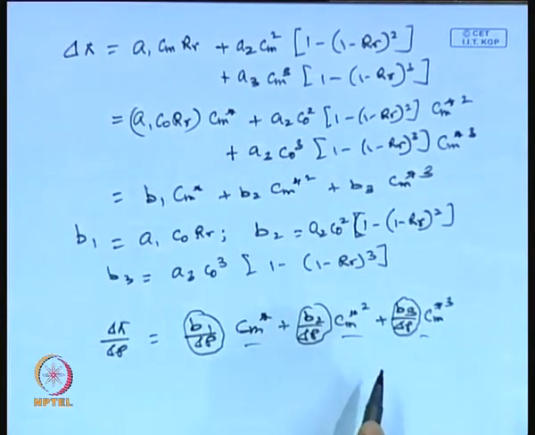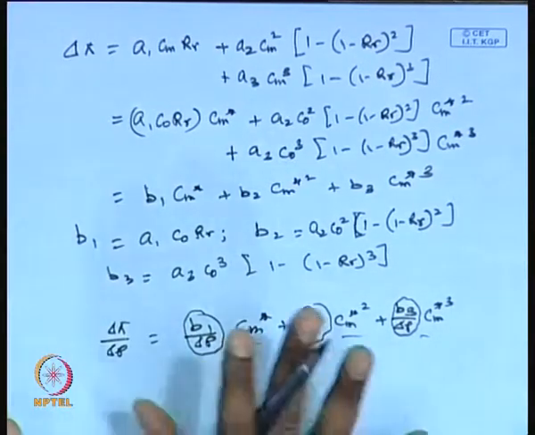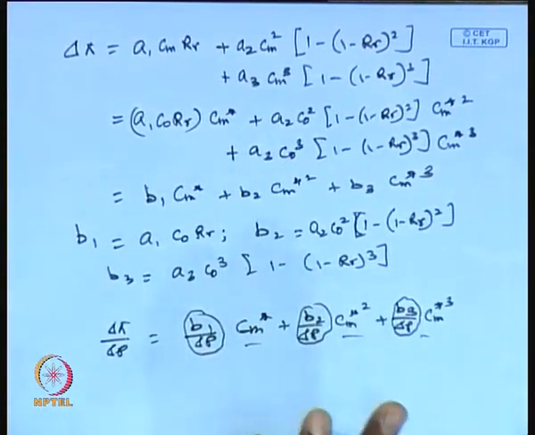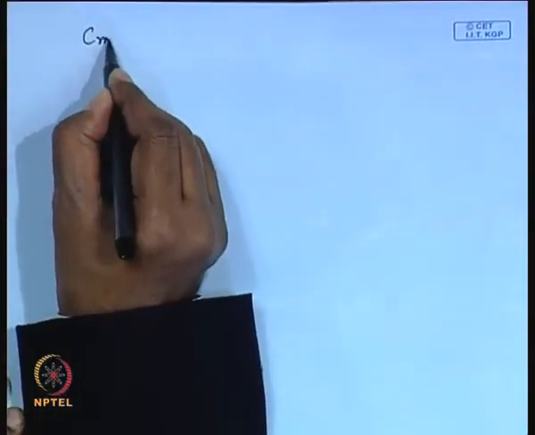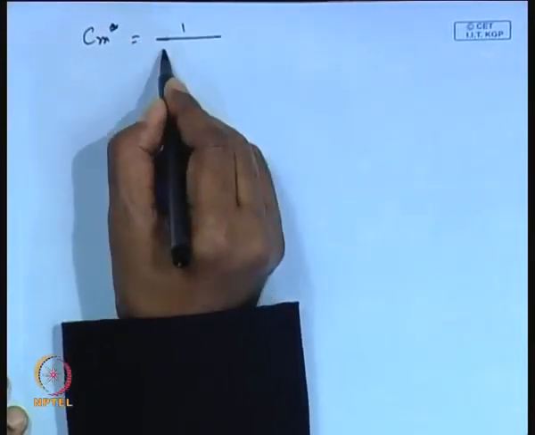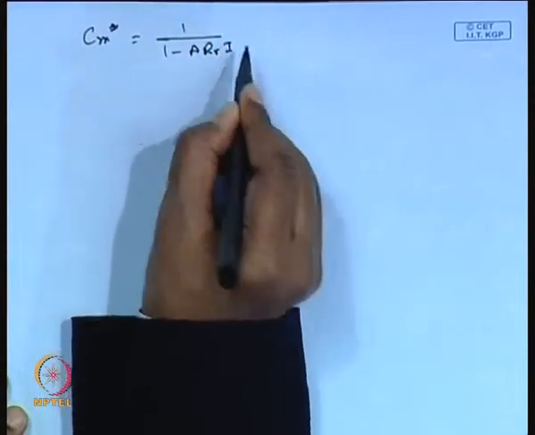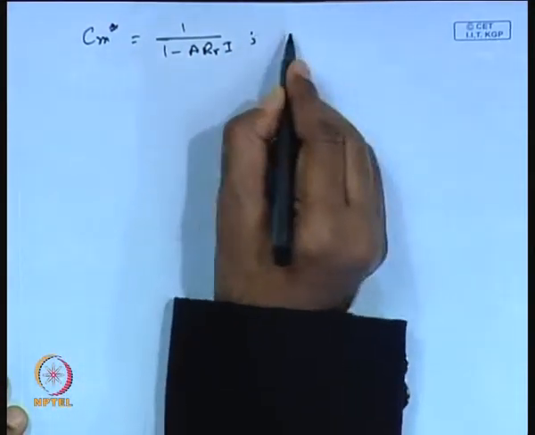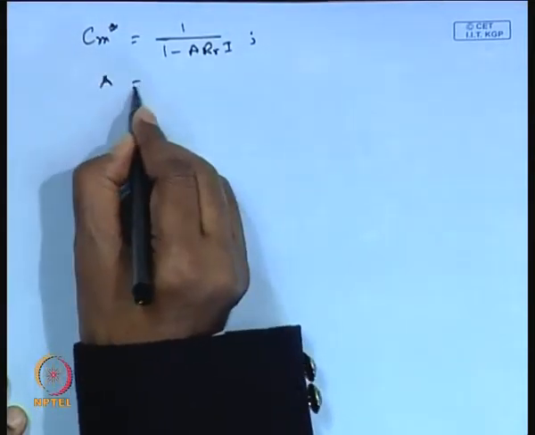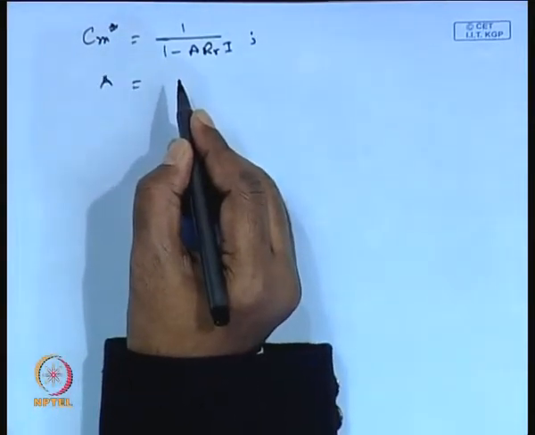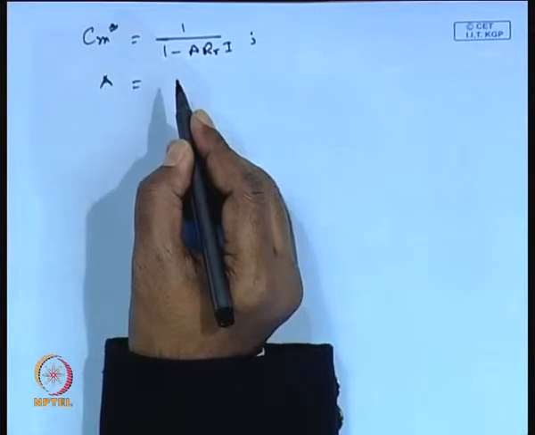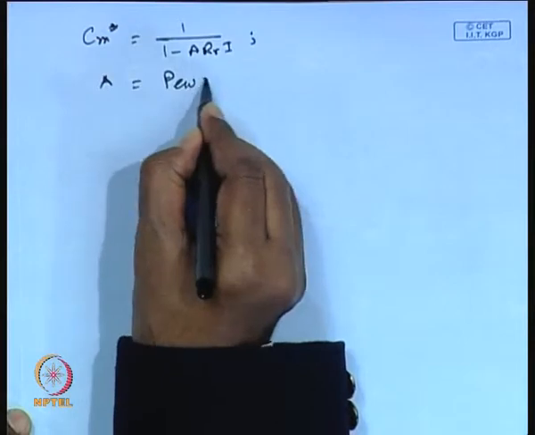So, what do you have now? Let us write down the governing equations, the relevant equations in one place, that will be better, otherwise the whole thing becomes cluttered. The first equation is Cm star equals 1 over 1 minus A RRI, and A is nothing but Pw times root over tau.